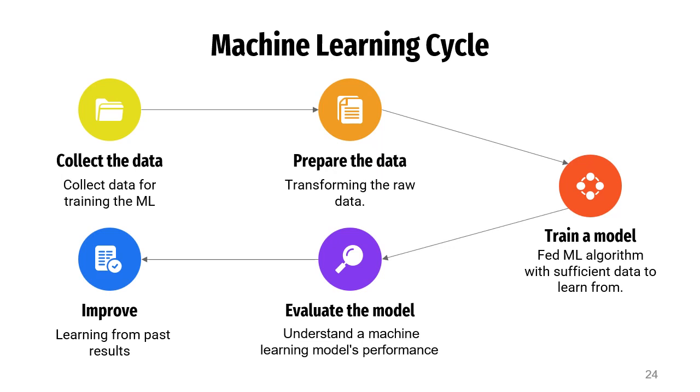After evaluating the model, we are improving the model, learning from the past results and improving its output. So in order to reach 99.99% accuracy, we are improving the model. So this is the basic machine learning life cycle in any machine learning applications.